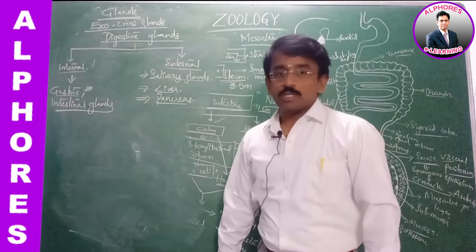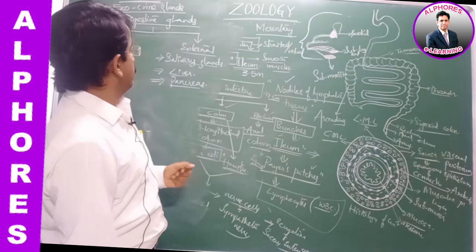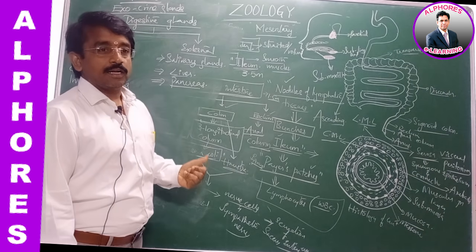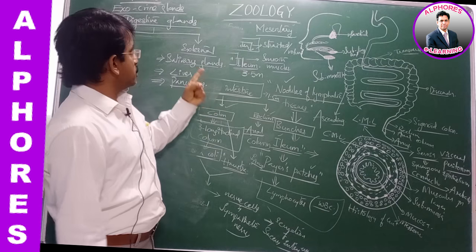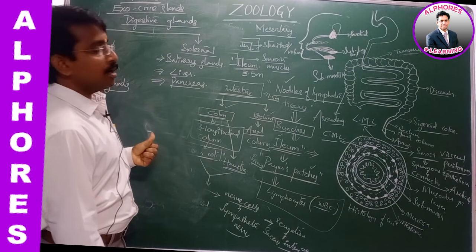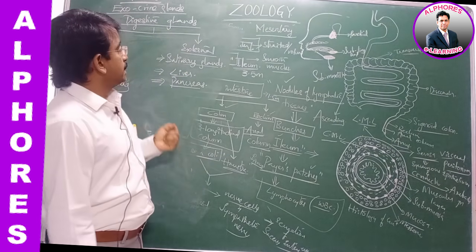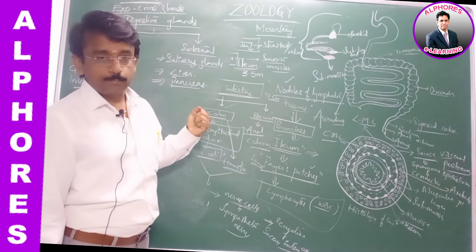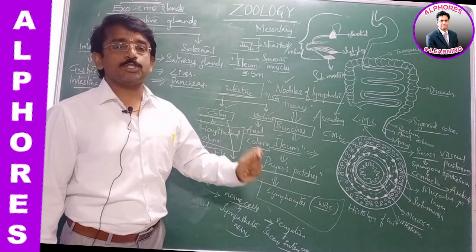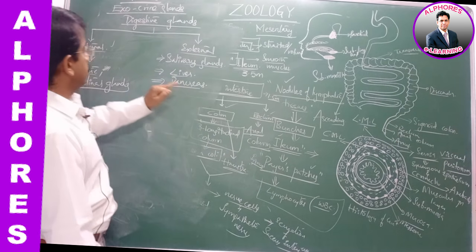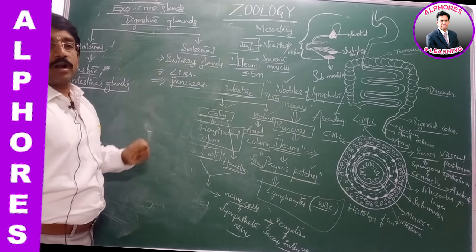The glands present in the oral region are the salivary glands. Generally, salivary glands come under external exocrine glands.